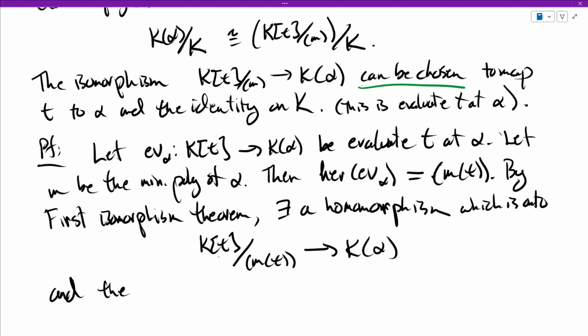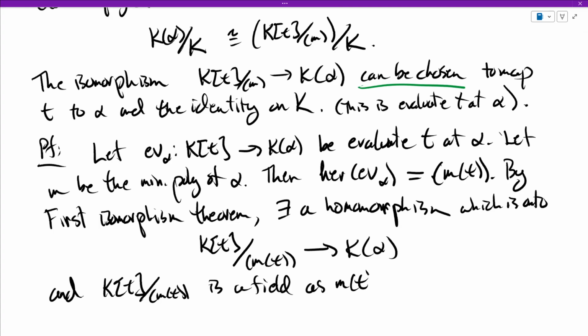And the domain ring is a field. Or let's be more precise: k adjoin t mod m is a field as m is irreducible.